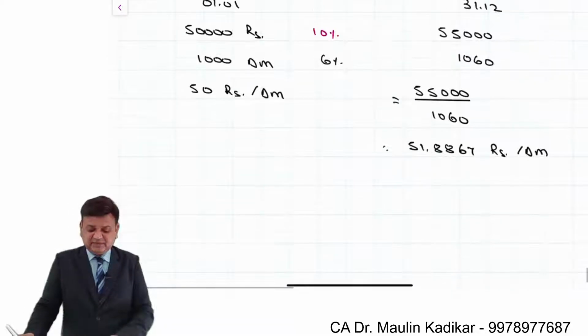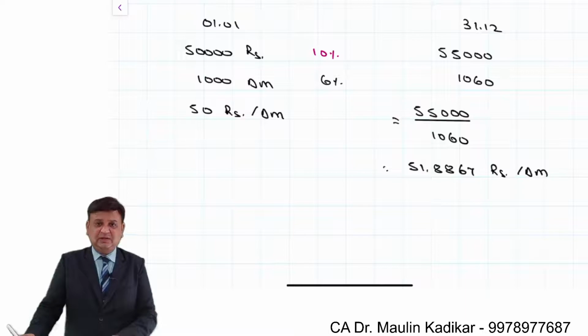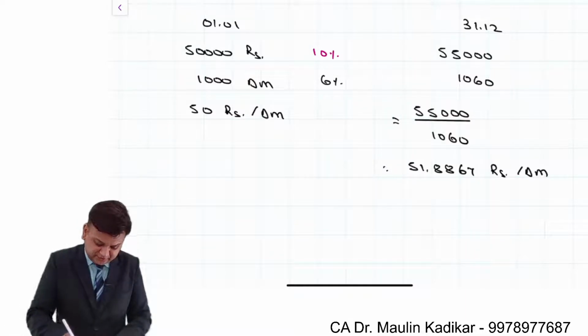The exchange rate will change from 50 to 51.8867 rupees per Dutch mark, taking into account the inflation rates.